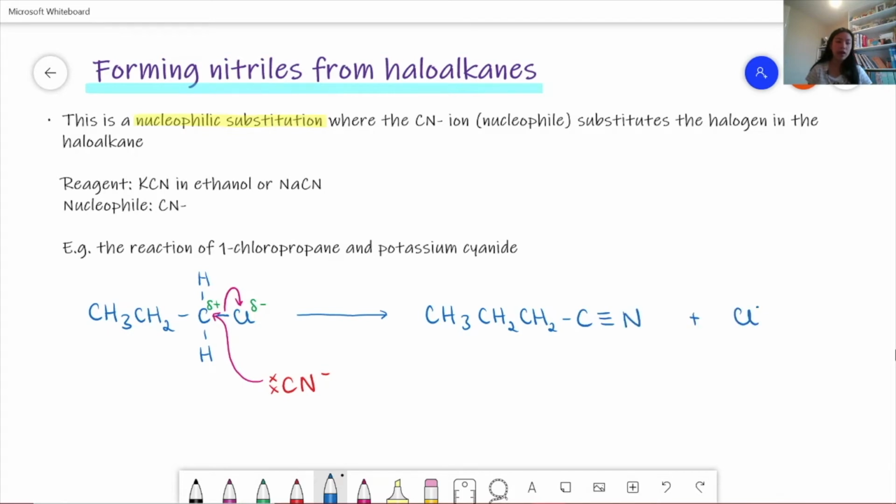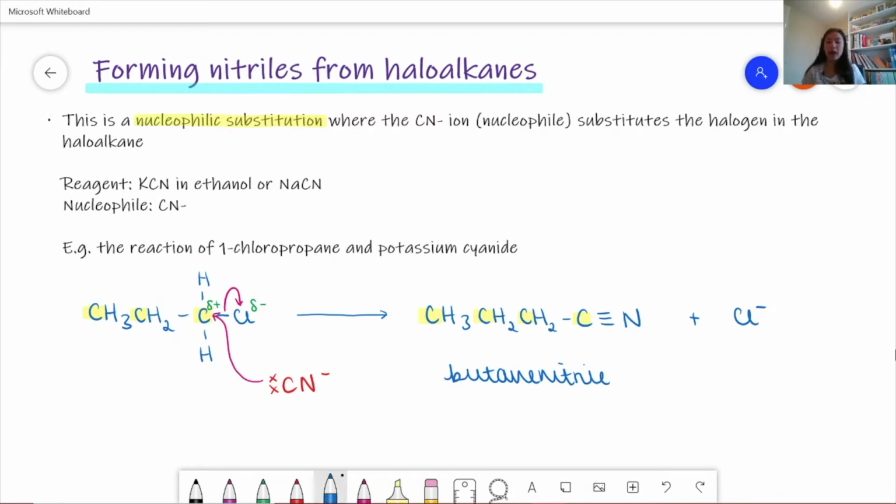And we also have the Cl-, which has been substituted out. So the product we have is butanenitrile. And as you can see, we have 1 extra carbon. So in this nitrile, we have 4 carbons, whereas in the haloalkane, we only have 3. So we've extended the carbon chain by 1 by going through this nucleophilic substitution reaction.